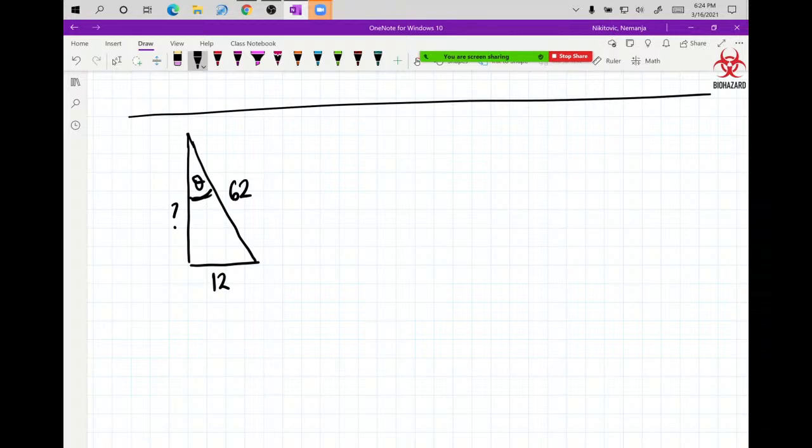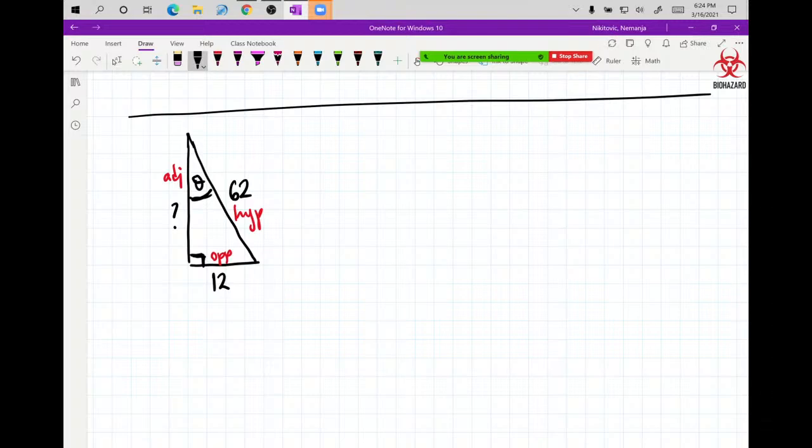We don't care what configuration the triangle is in. What we care about is where is that right angle, and where is the theta angle, because it could be in any of the other two spots. Once you know where those two angles are, you can immediately say, okay, this is the short side opposite to the angle. This is my longest side, which is the hypotenuse. And this has to be my adjacent side, and I don't know the length of that adjacent side.